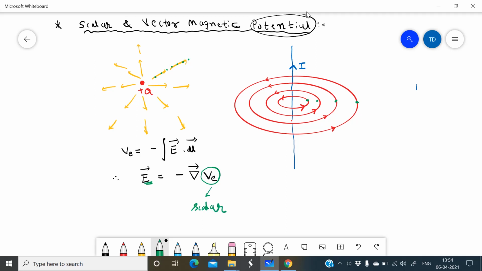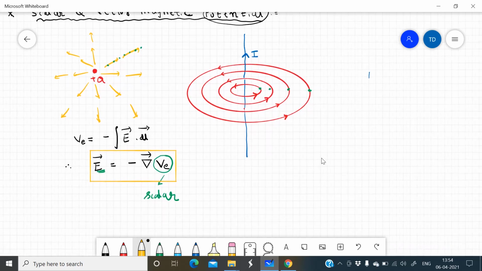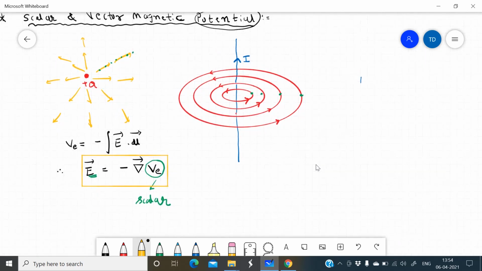Scalar quantity. Okay, this equation we have already seen. How this equation comes: E is equal to minus del VE. It's not a dot product or a cross product, it's just simple multiplication, so it is known as the potential gradient. Now similarly for magnetic field we can write Vm.